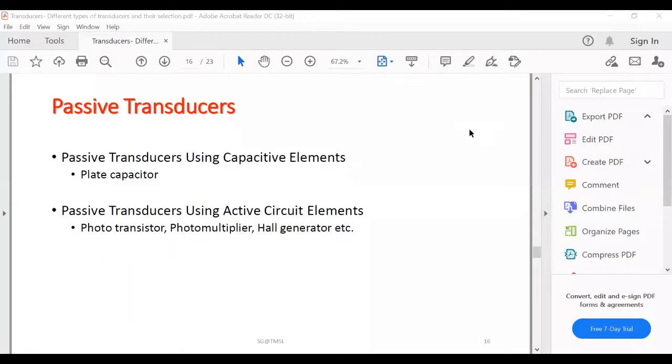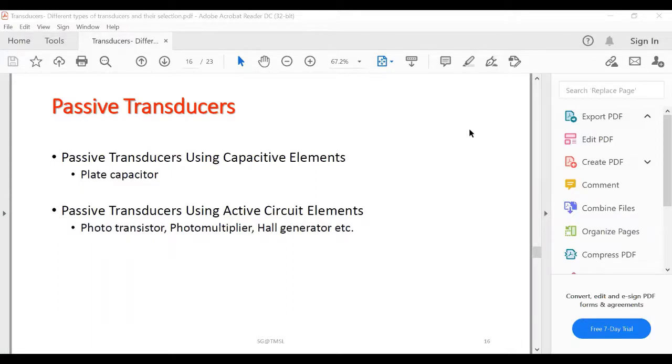The application of active circuit elements in passive transducers is in the area of photoelectric transducers, such as phototransistors. The efficiency of a photodiode can be increased if we make a phototransistor.